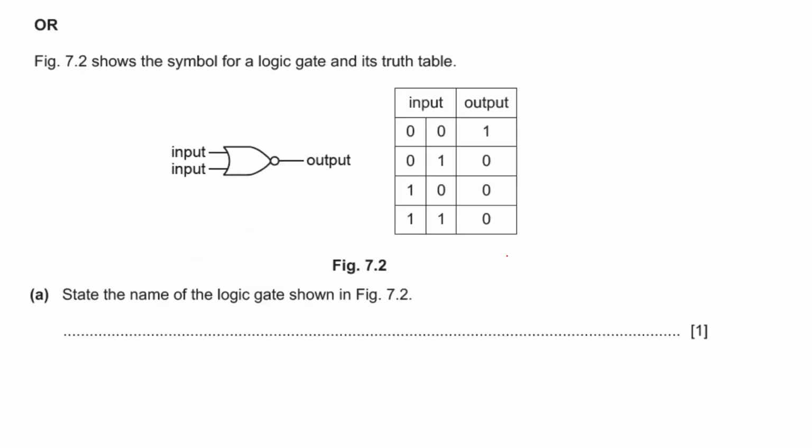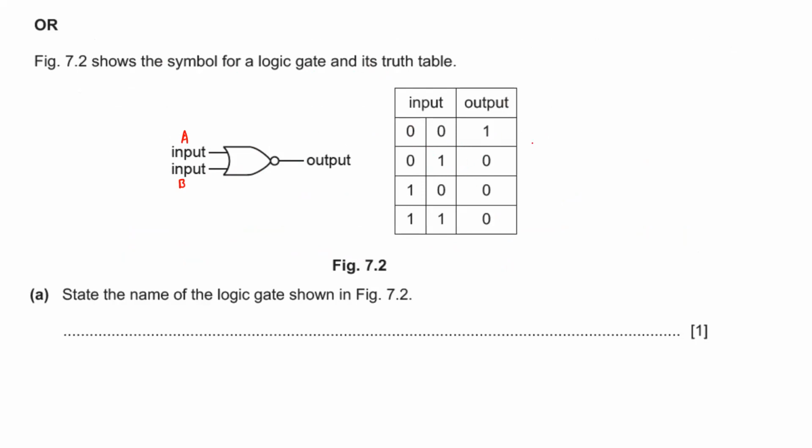The other option, which we are given a choice between, is to solve this part. It says that figure 7.2 shows a symbol of a logic gate and its truth table. So this is a logic gate. If it's say A input and this is B input, and both inputs are zero, the output is one. In every other case, the output is zero.